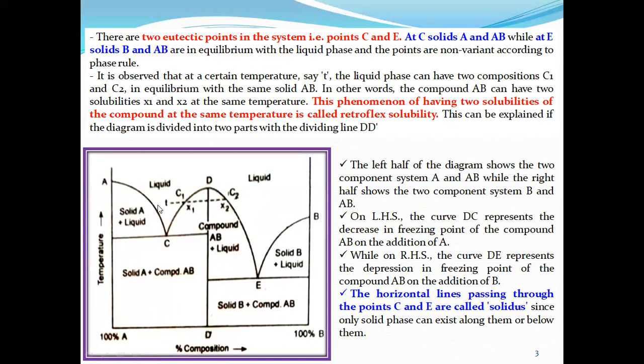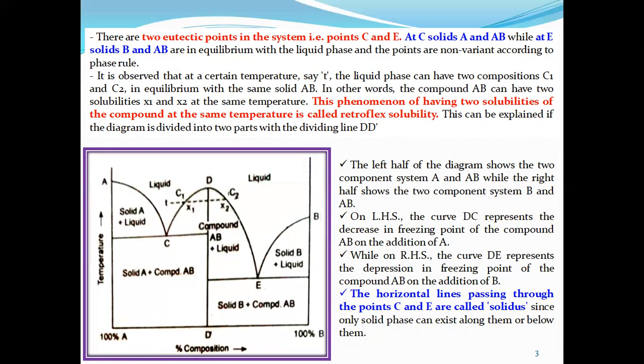On the LHS, the curve DC represents the decrease in freezing point of the compound AB, because AC indicates solid A and liquid phase equilibrium, while DC indicates solid AB and liquid in equilibrium.